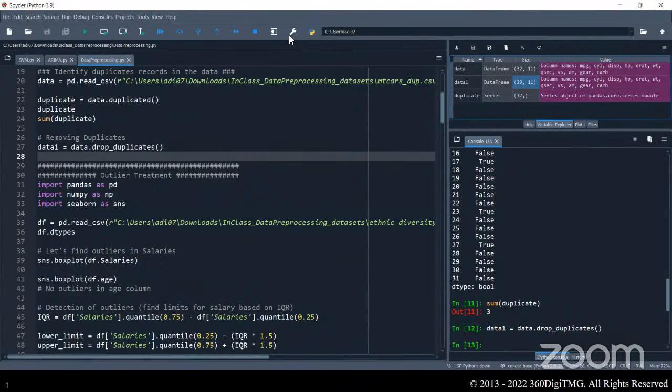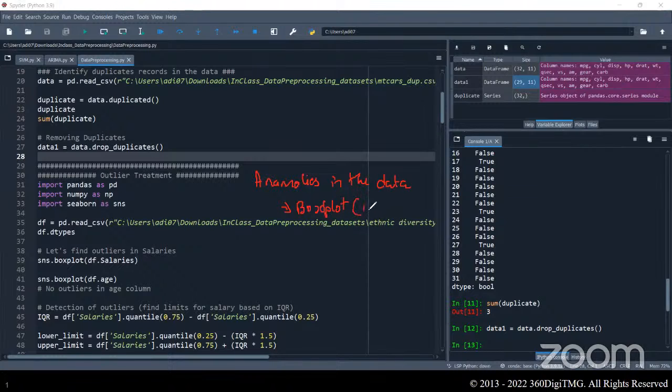All right. The next thing we'll do is we'll take a look at something called outliers. Now, outlier treatment is very important. We use outlier detection to find anomalies in the data. These anomalies mean these values don't fall within the rest of the distribution of that data. To detect outliers, we use something called a box plot.